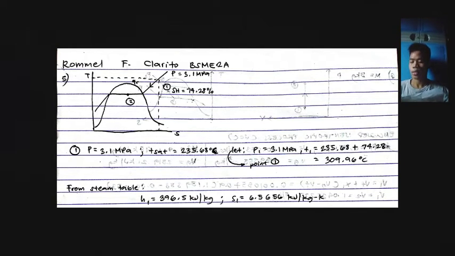By calculating it equals 309.96 degrees Celsius. And from steam table, H1 equals 396.5 kilojoules per kilogram, and S1 equals 6.5656 kilojoules per kilogram K.